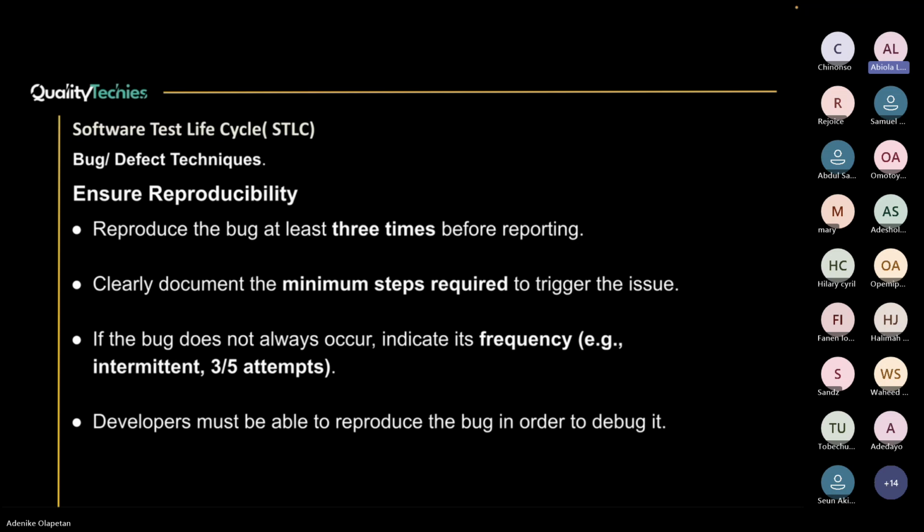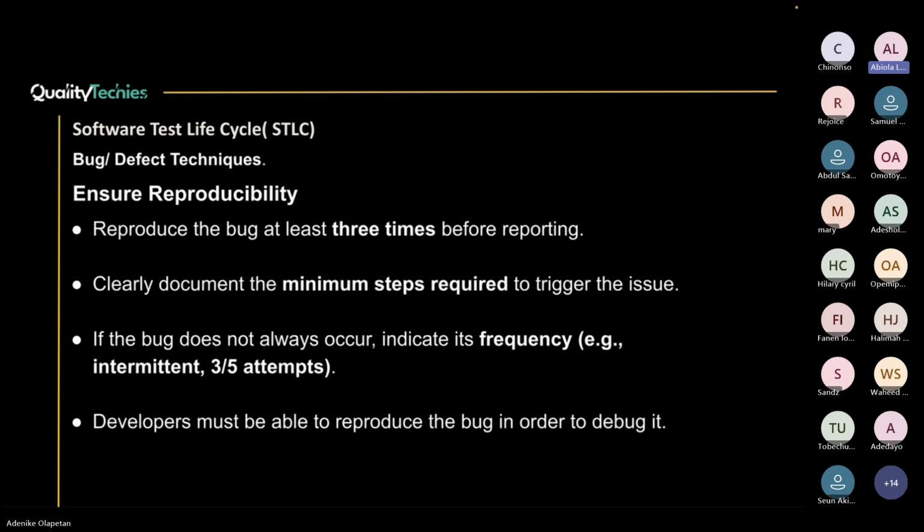So it not working on Edge is an issue, but you don't go ahead to say the URL is not launchable, because when you can't launch a URL, it's a showstopper and it's critical. Because if you cannot launch a URL, how will you test? So we should be able to reproduce our bugs before we go ahead to report them.